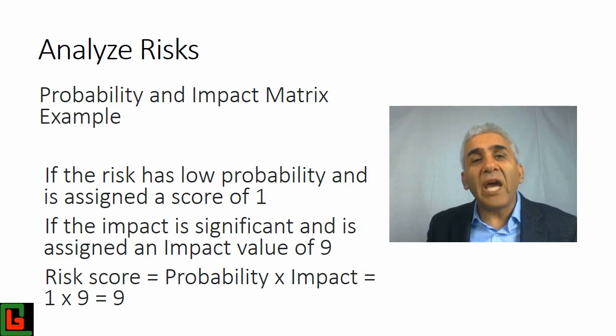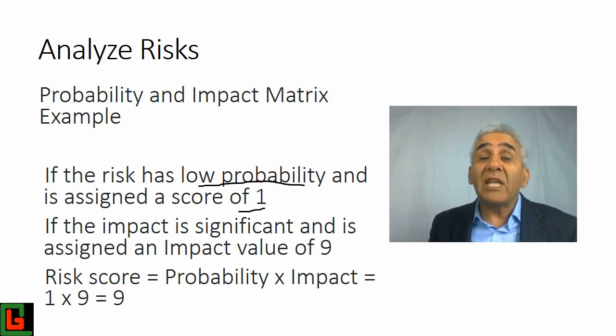So here we have another example of risk score. Here the event is a low probability event. There is very little chance of that happening. So the score for probability is 1, because it is a low probability event. But in this particular example, the impact of that event is very severe.